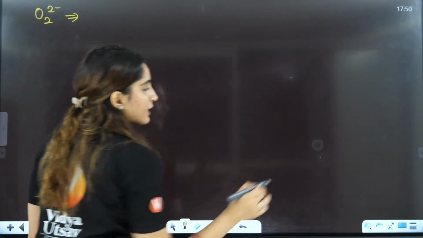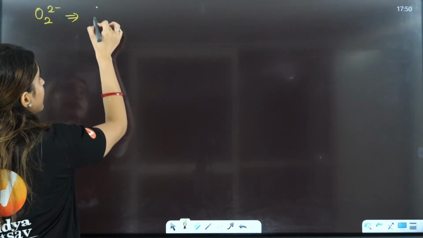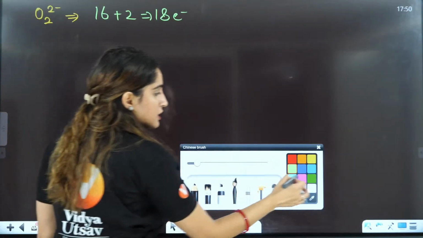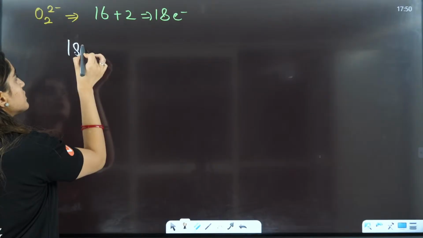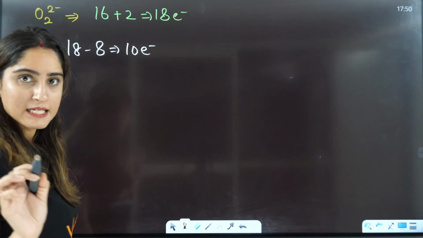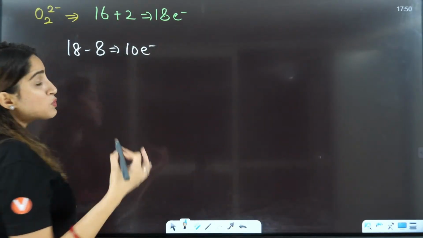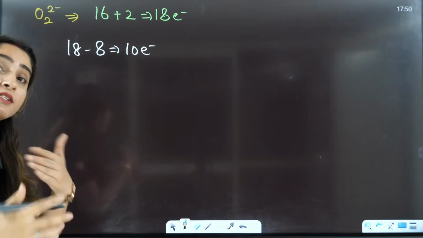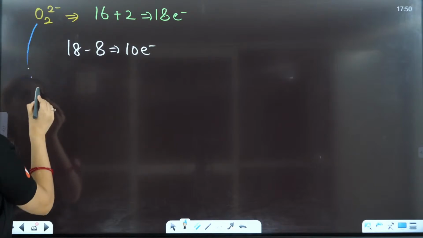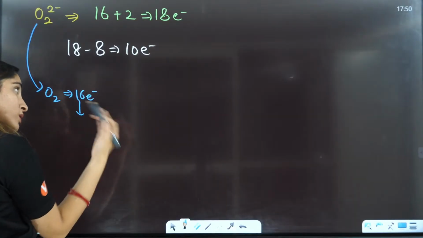O2 2 negative, guys. Oxygen has 8 electrons, 8 plus 8, 16 electrons, plus 2, that is 18 electrons. Now these 18 electrons minus 8 is 10 electrons, since we have subtracted the Kk star. Now, is it 2, 1, 2, 1 or 1, 2, 2, 1? For O2, in the neutral state you have 16 electrons, which is more than 14.